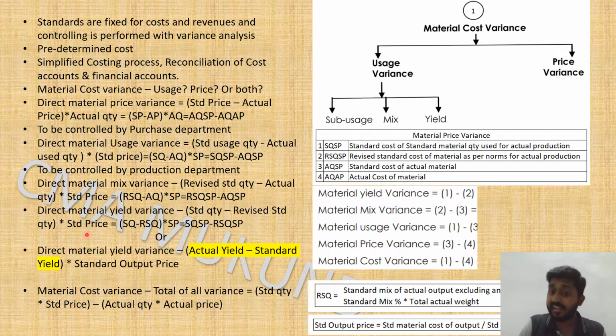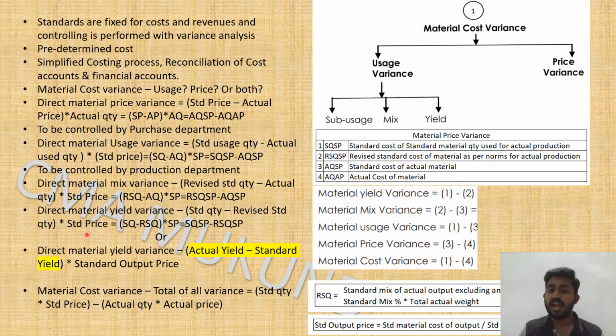So what is the standard quantity? Standard quantity is for producing the same actual output including the losses. For example, when we are mixing the two components, there will be the end item, the finished goods, that is produced. There may be some standard losses taking place, and after the standard loss the end item would be produced, that is the kg of output.